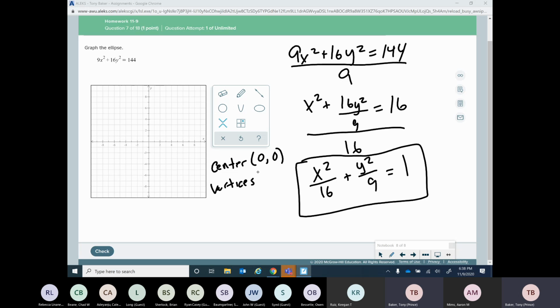My vertices, since the x has the bigger number, I'm going to add or subtract 4 from the x. So it's 4, 0, and -4, 0. And then my co-vertices, I'm adding or subtracting 3 from the y. So it's 0, 3, and 0, -3.